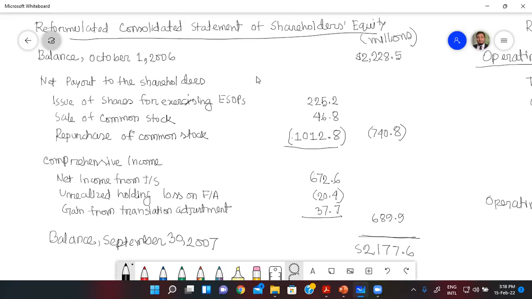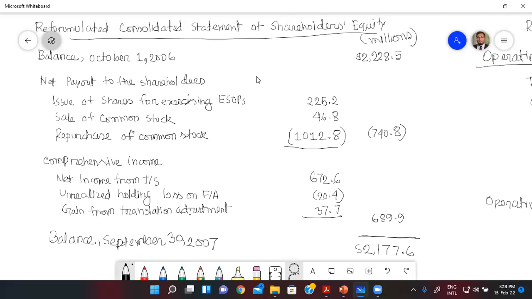I believe you all have the text. So what can you do? Open page number 331, where the consolidated statements of shareholders' equity is given. We need to make the reformulation of this statement first.